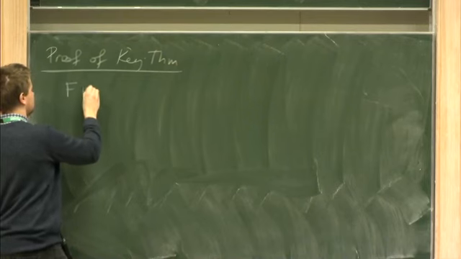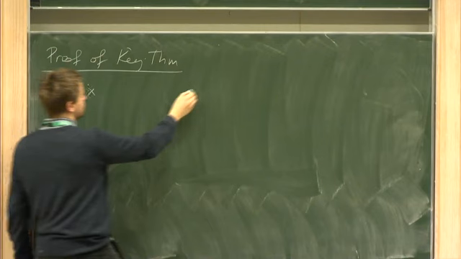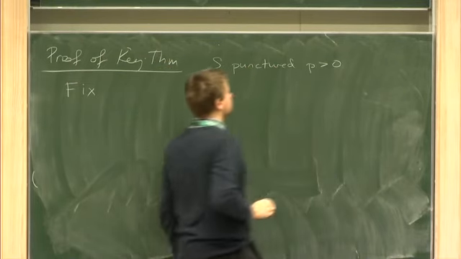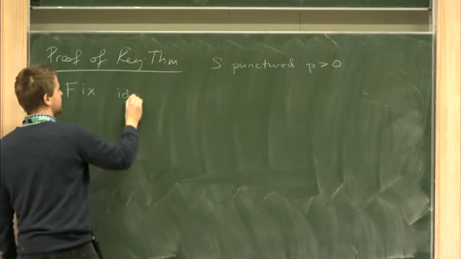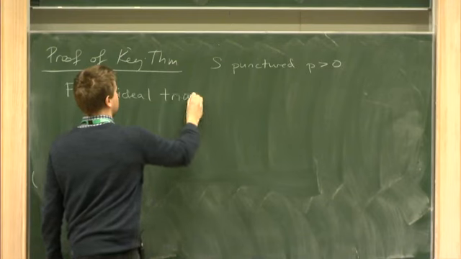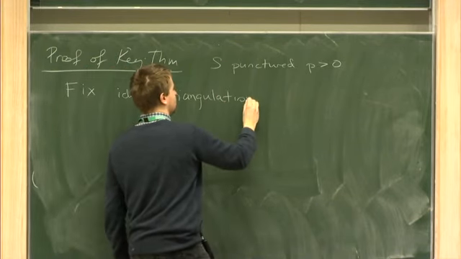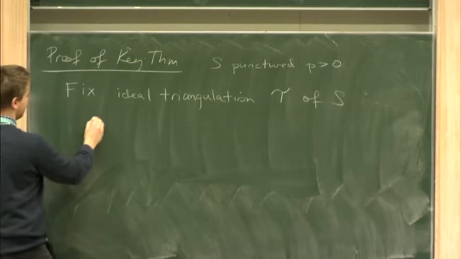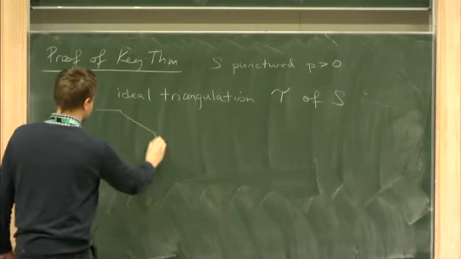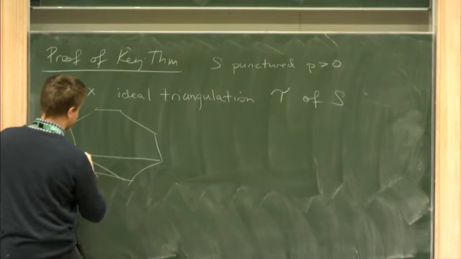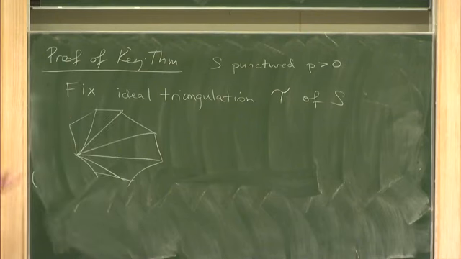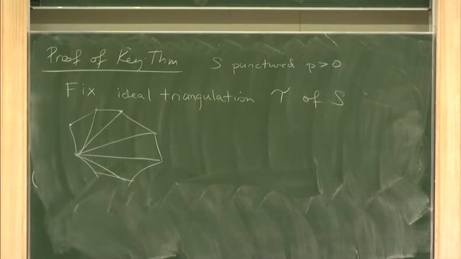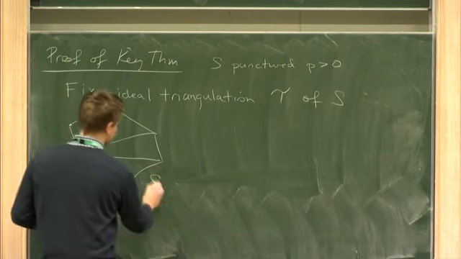So in the case where S is punctured, we fix an ideal triangulation, curly T, of S. For example, you can take the genus 2 surface, puncture it once, and then triangulate it. That'll give you an ideal triangulation of S_{2,1}.